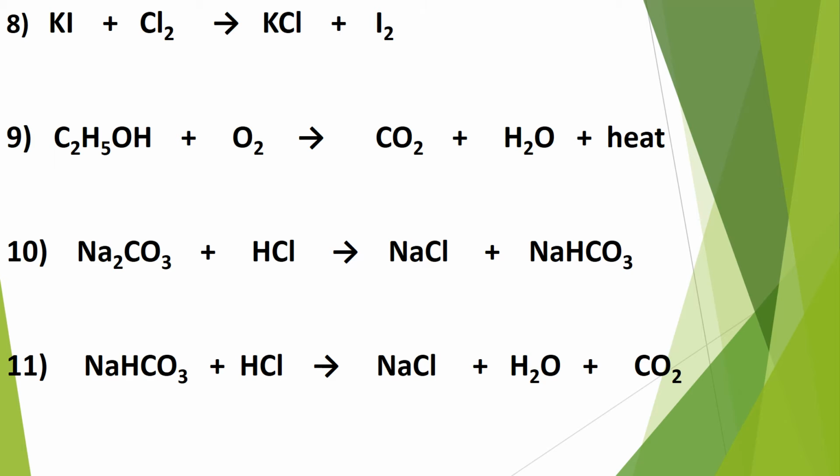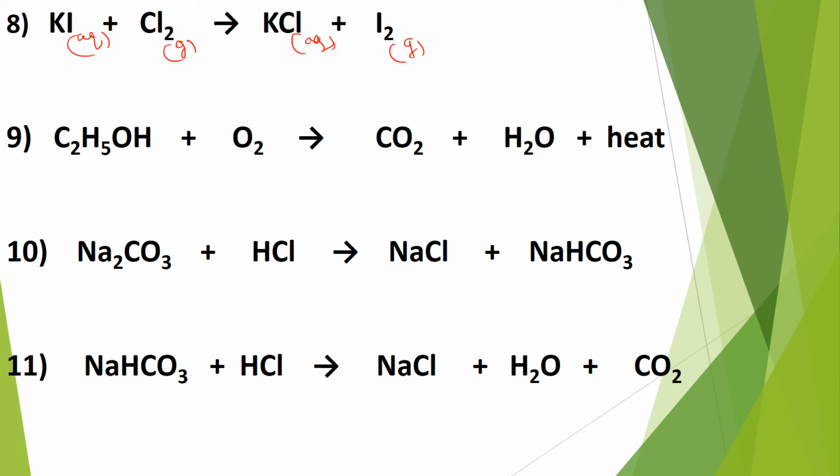So potassium iodide, which is an aqueous solution, combines with the gaseous form of chlorine to form potassium chloride, which is an aqueous solution again, and iodine is a gas. Now let us balance this. What is not balanced here? Chlorine is not balanced. So we need to balance it. So how to balance?